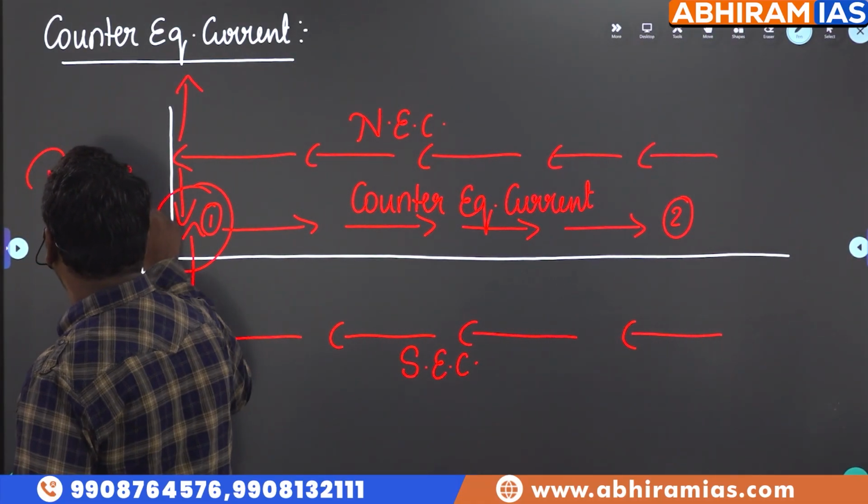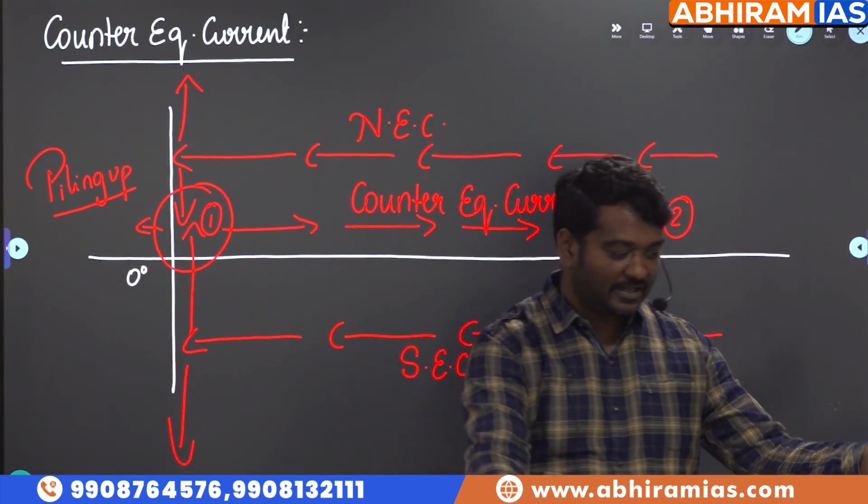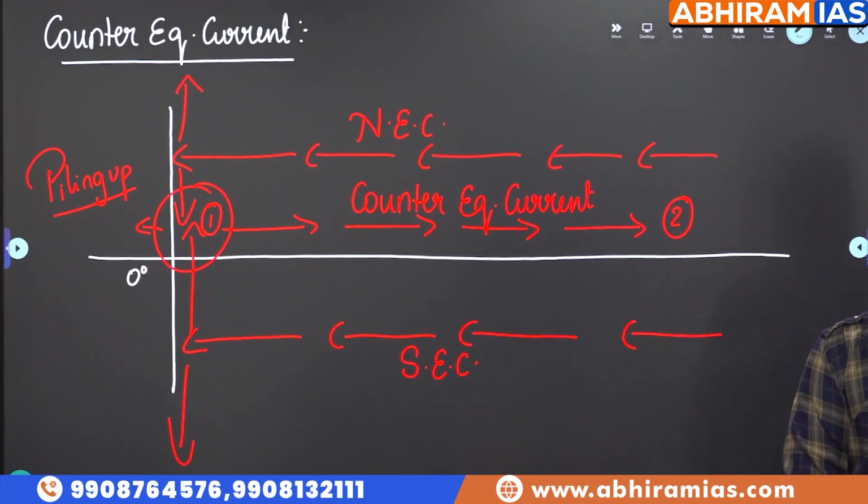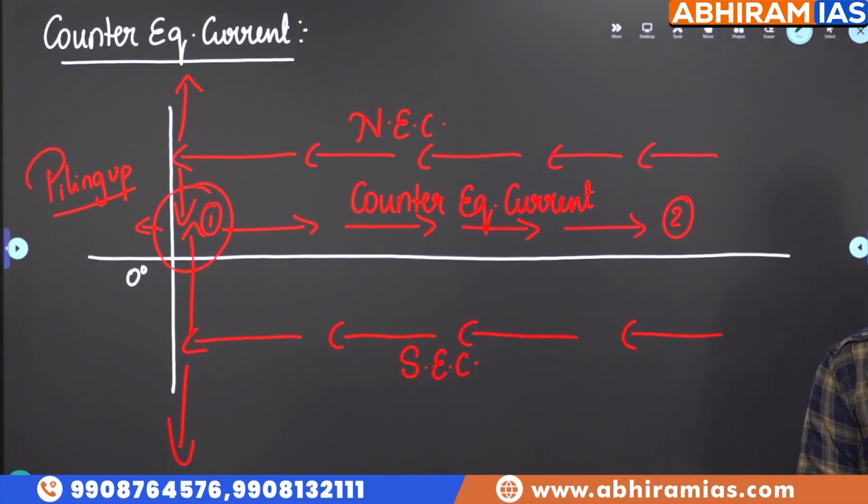You write down: in between north equatorial current and south equatorial current, there is counter equatorial current.